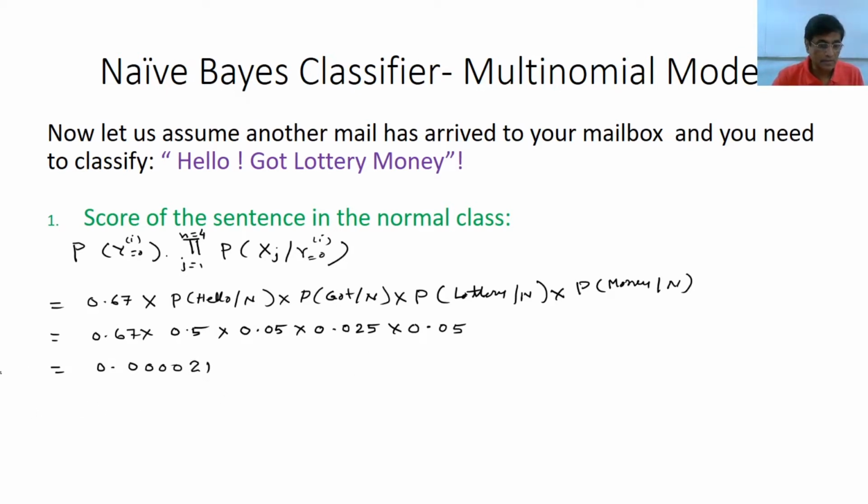So now we have calculated that given "hello got lottery money", what is this sentence scoring for the belongingness of normal class.